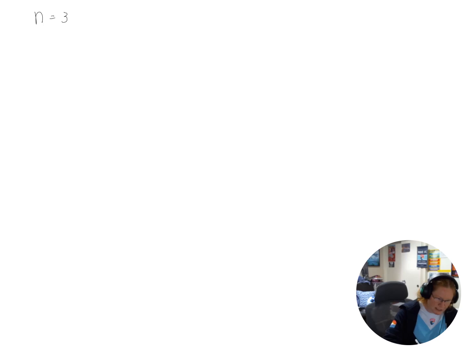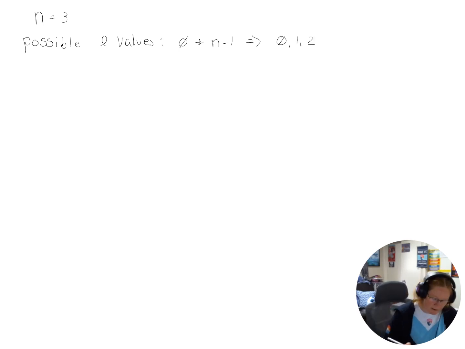So our possible L values are going to be 0 to n minus 1, which translates to 0, 1, and 2. Okay?